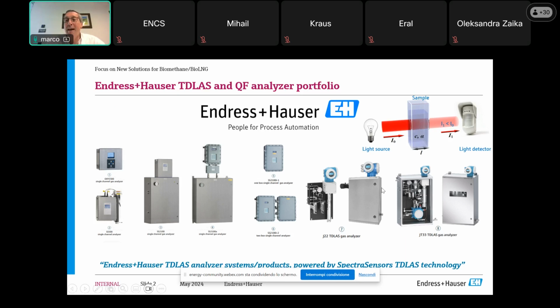The specific benefit of the laser approach is that I send only one wavelength through the cell.